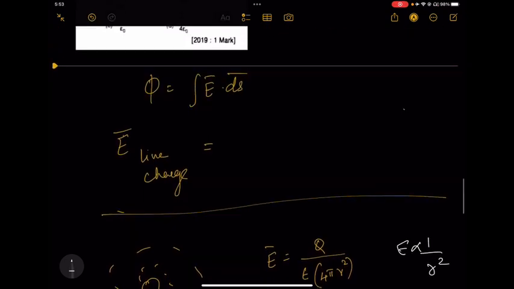Anyways, here the line charge electric field will be total charge divided by epsilon and the surface area of the cylinder, that is 2 pi radius length.